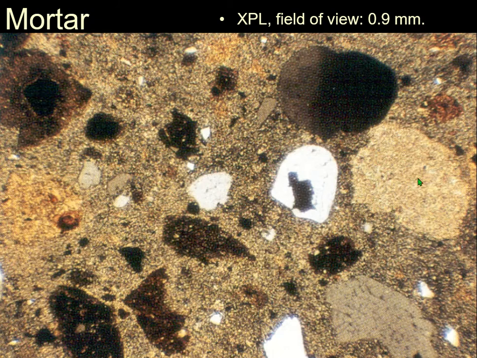And in it there are all sorts of inclusions. So it is possible to actually thin section the mortar to see what was in it. You might be able to differentiate between different phases of construction of a building, looking at how the mortar was put together. Could be all sorts of fun things you can do with mortar.